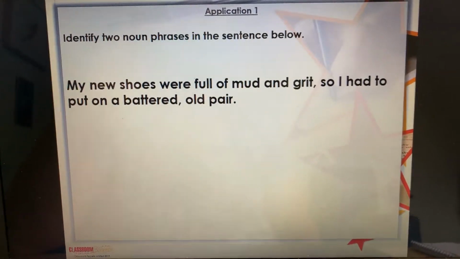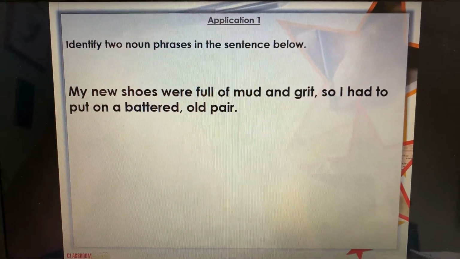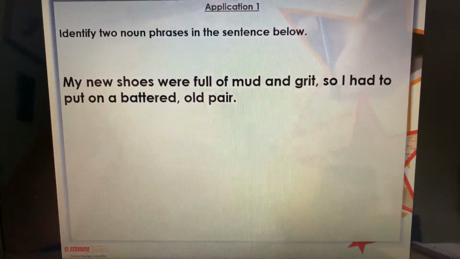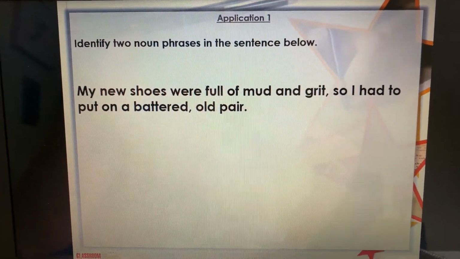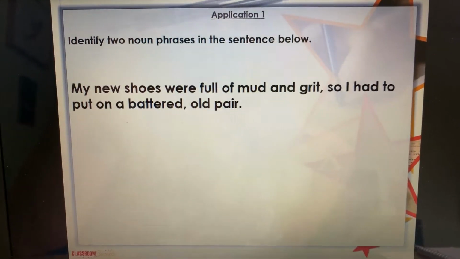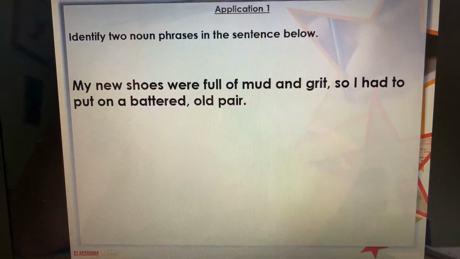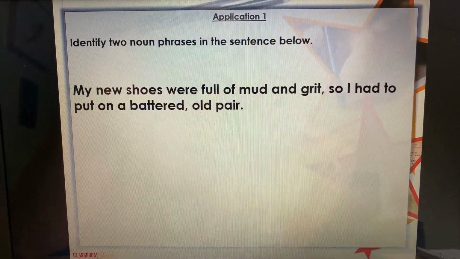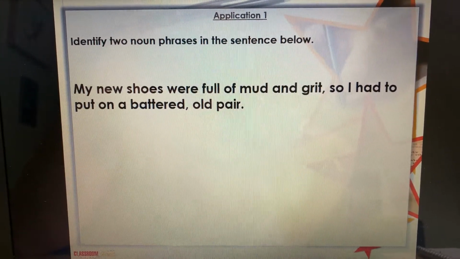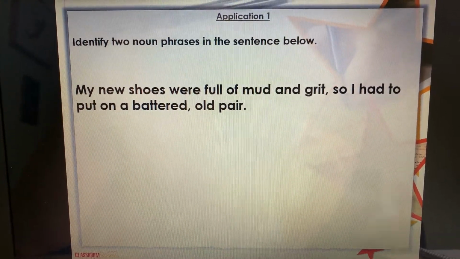Now in this one, there are two noun phrases in this sentence. I'll read it and then I'll tell you the answer, but hopefully you can shout it at me while I'm doing it. My new shoes were full of mud and grit, so I had to put on a battered old pair. Shoes are definitely a noun. So my new shoes would be the noun phrase.